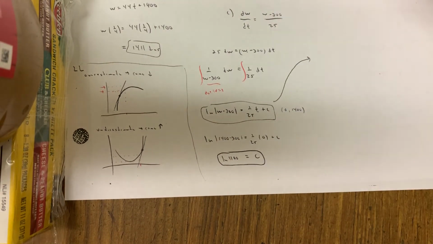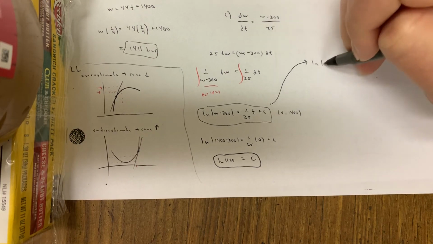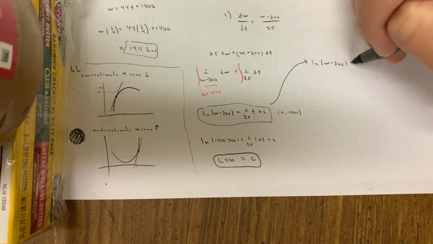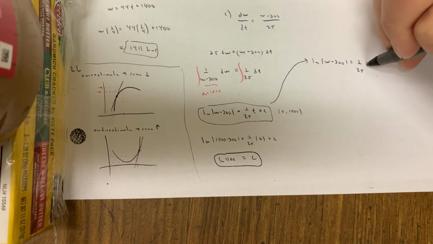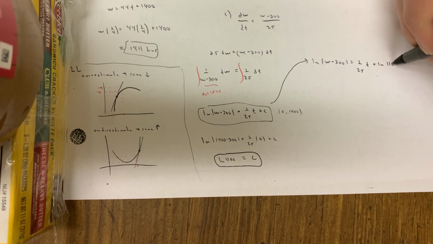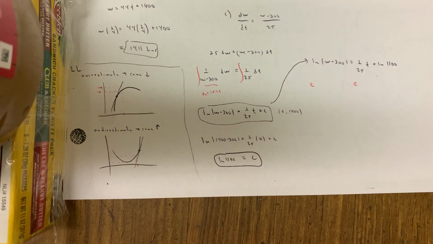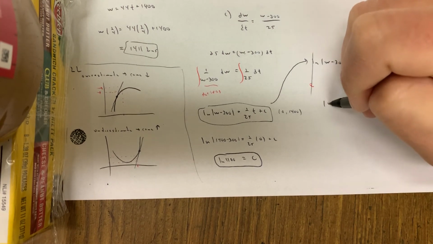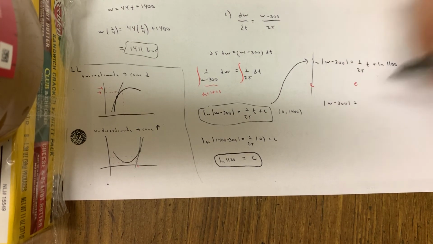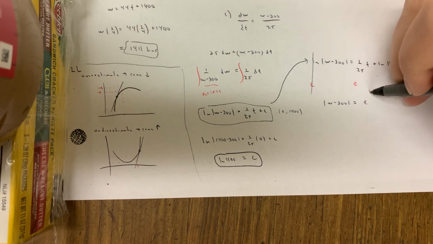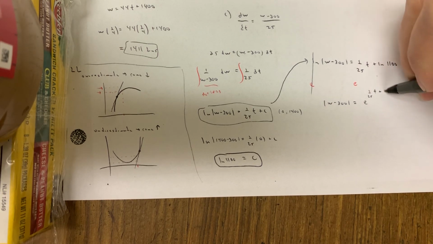So now, after I plug in this value for C, when I make both sides an exponent of e, you get the absolute value of W minus 300 equal to, over here, e to the 1/25th t plus ln 1100.